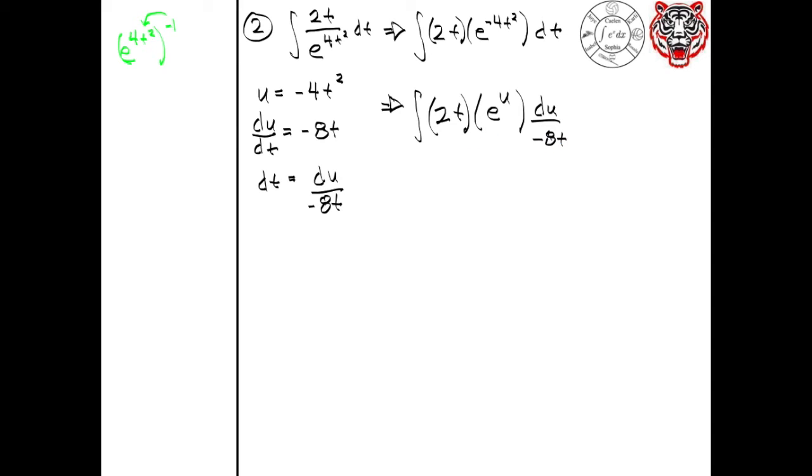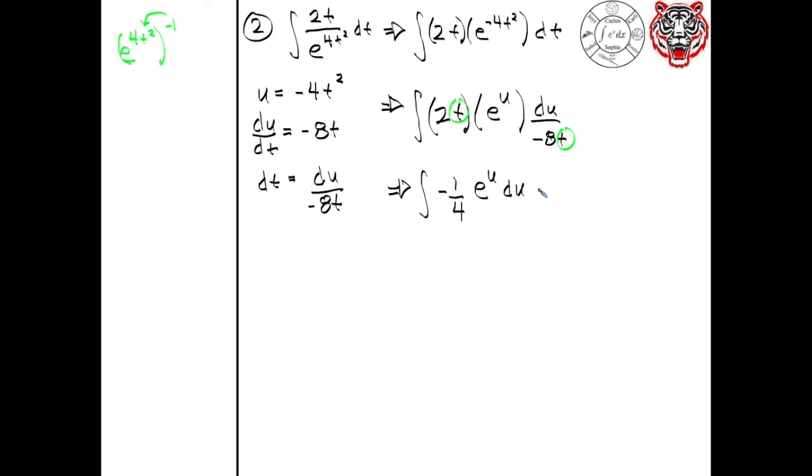You'll see that the t's should cancel out, because otherwise we'll have multivariable calculus, with a t and a u. Simplifying, we have 2 over negative 8, that's negative 1/4. The t's cancel out, and I'm just left with e to the power of u du. Much, much easier than this thing that we were given. Look how far we've come.